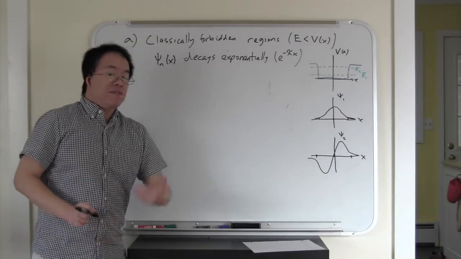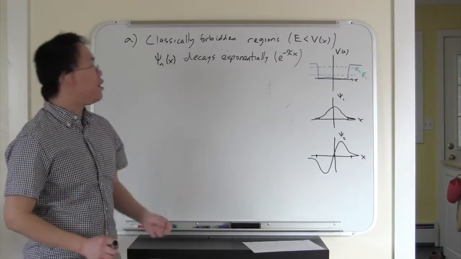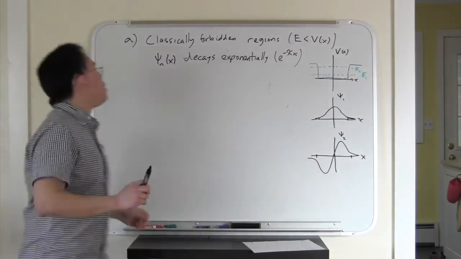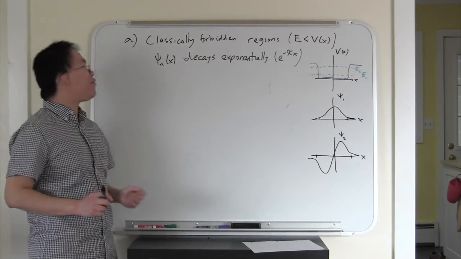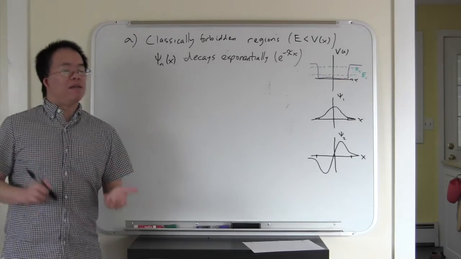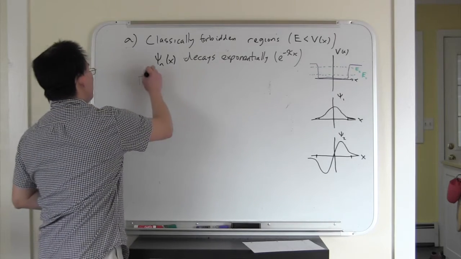So in the classically forbidden regions, where the energy is less than the potential energy, or for the case of the finite square well, outside the well, what we find is that the wave function, the energy eigenfunctions, decay exponentially. We can see why by once again looking at the time-independent Schrödinger equation.